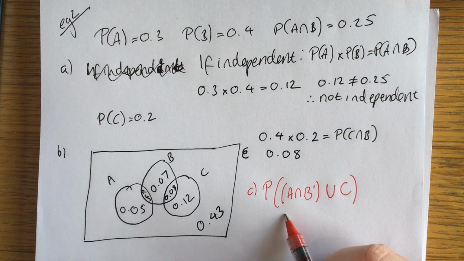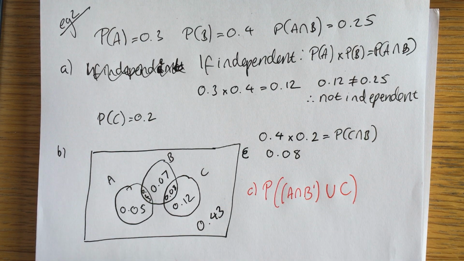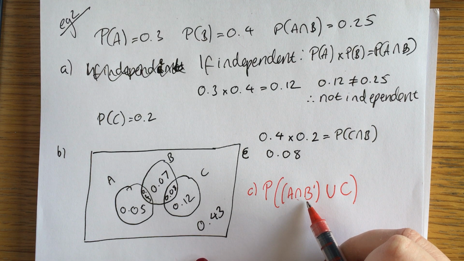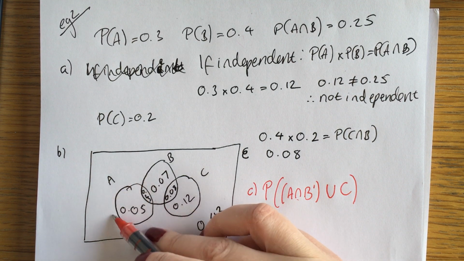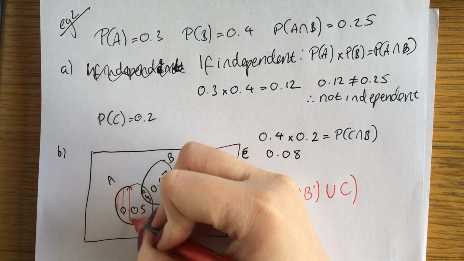Just be aware that clearly this has to happen as a precedent to this. So A intersection B dash. That means A happens and B does not happen.